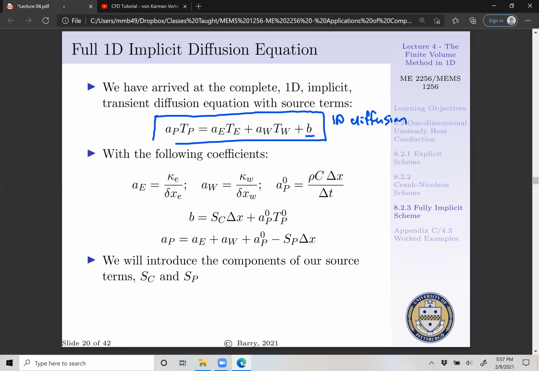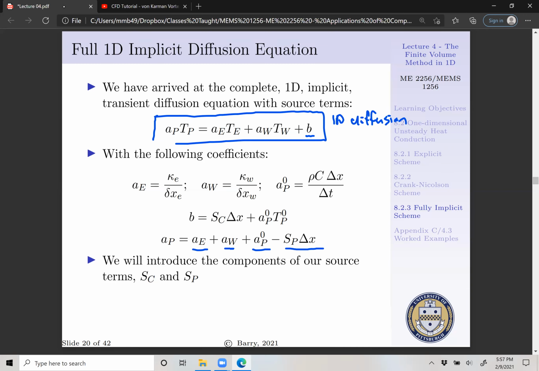Now we're going to define a_E, a_W, a_P^0, and a_P just as we have done before. But when we define a_P, we're going to have a_W, a_E, a_P^0, and then we're going to introduce two components of our source term: S_C, which is a constant source, and S_P, which is the non-constant contribution within our system.